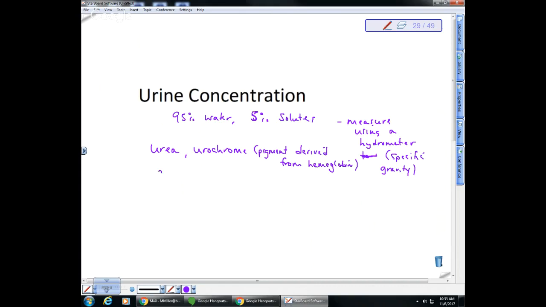Okay, we also have creatinine, and we can have uric acid. So the creatinine and the uric acid and the urea, these are all what we would refer to as nitrogenous wastes. And these are toxic if they build up in the blood.